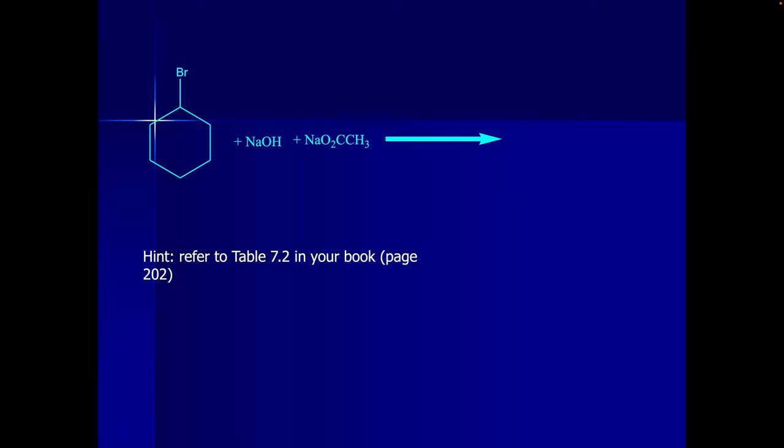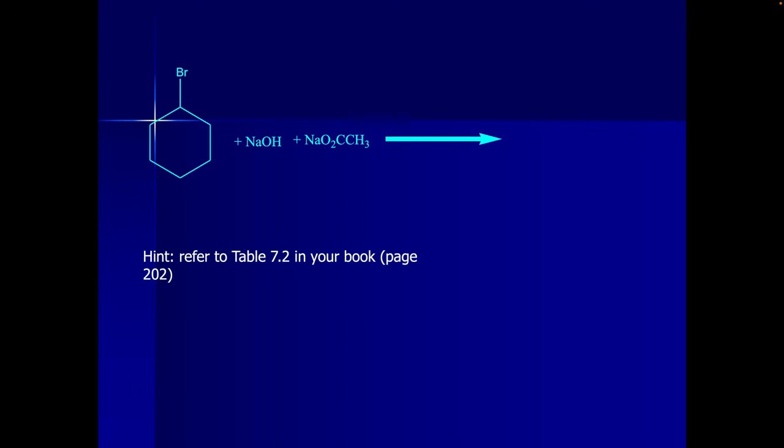In this particular case, it's the acetate anion that's going to function as the nucleophile. And so the nucleophile is going to add, the leaving group is going to leave, all in the same step. And you're going to make this molecule, plus, of course, sodium bromide.